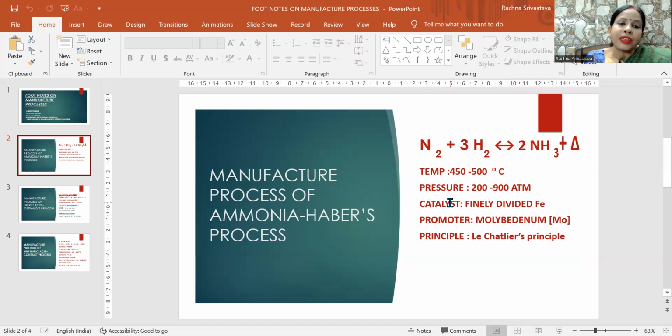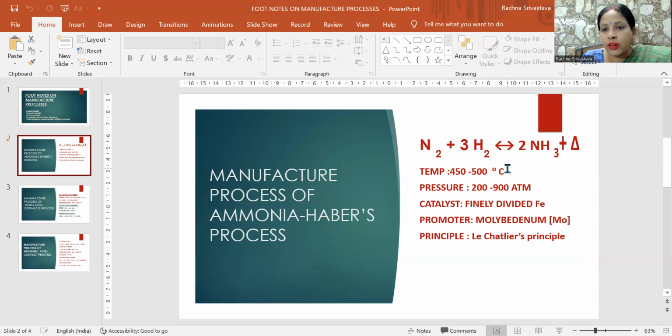Catalyst. Now, a catalyst is a substance which alters the rate of reaction. Here we are using a positive catalyst, which is increasing the rate of reaction. It is finely divided iron. With this, we use a promoter, molybdenum. Molybdenum is a chemical species which increases the efficiency of a catalyst. The principle applied in this process is Le Chatelier's principle because it is a reversible reaction.